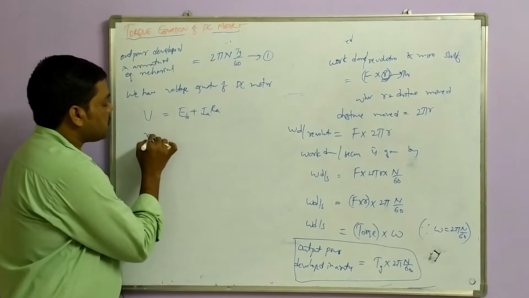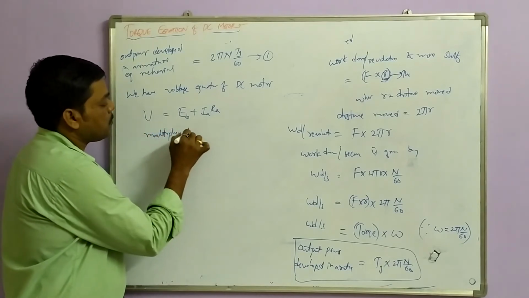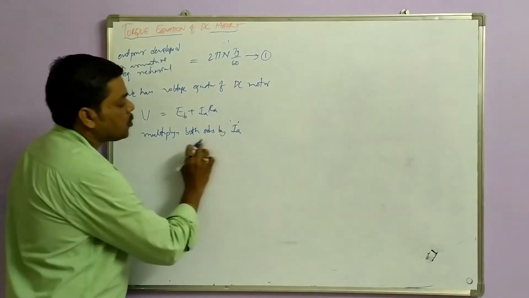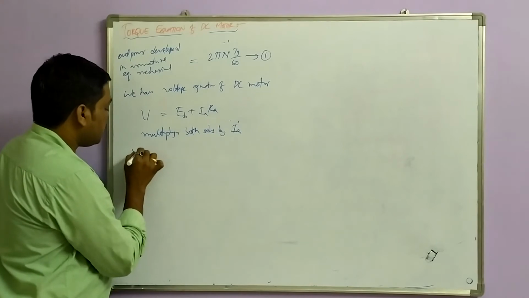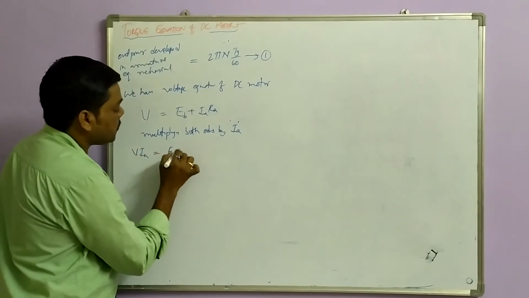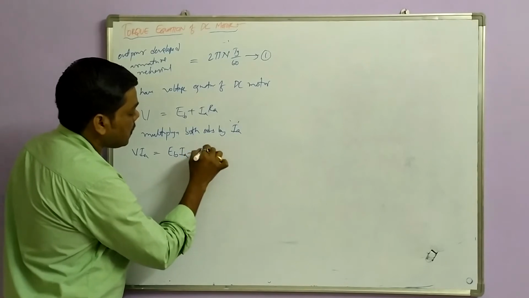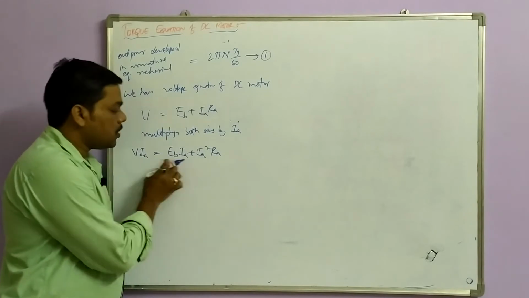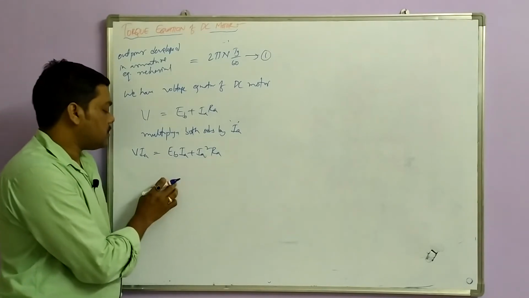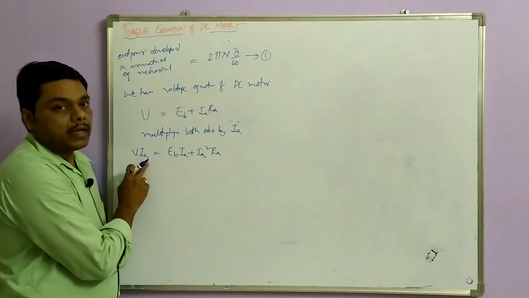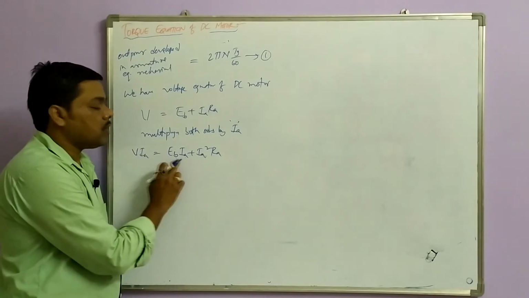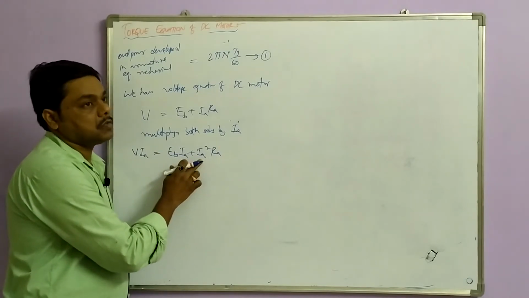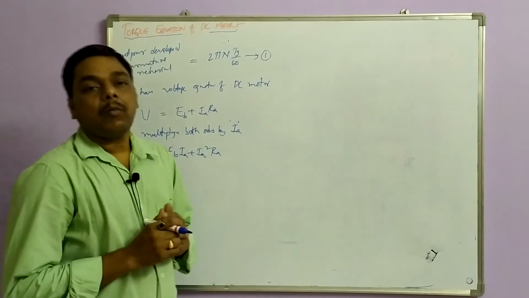Now multiplying both sides by Ia, we get V into Ia is equal to Eb into Ia plus Ia square into Ra. If you observe carefully, V into Ia is the input, Eb into Ia is the actual power developed in armature, and Ia square Ra is the losses, the copper losses.